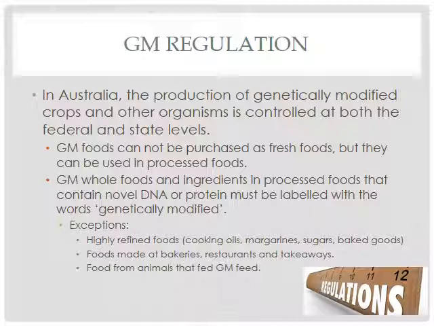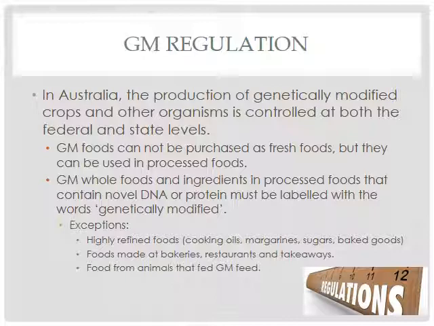So typically in Australia, GM foods can't be purchased as fresh foods. They can only be used in processed foods. So you're not really going and buying a genetically modified apple or a genetically modified orange, but you might buy some sort of processed food that uses an ingredient that has been genetically modified.